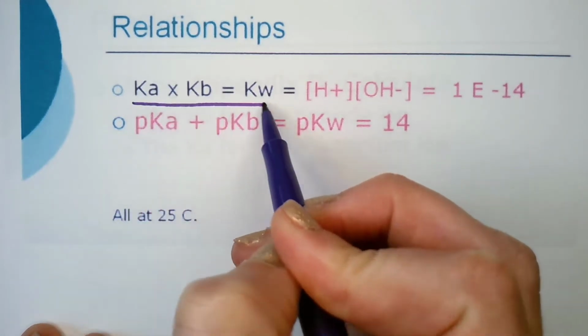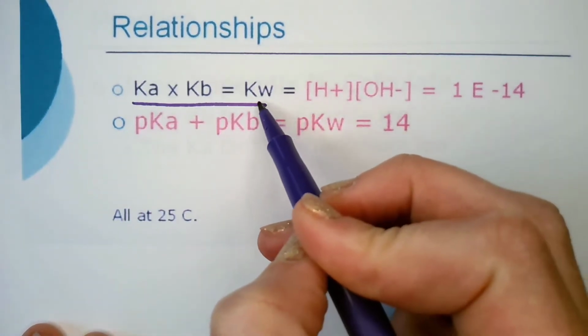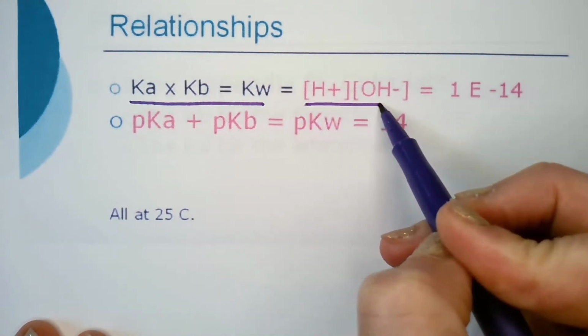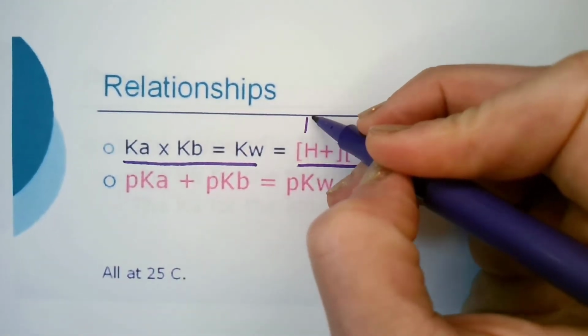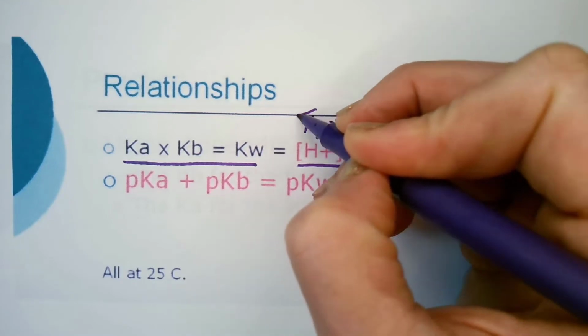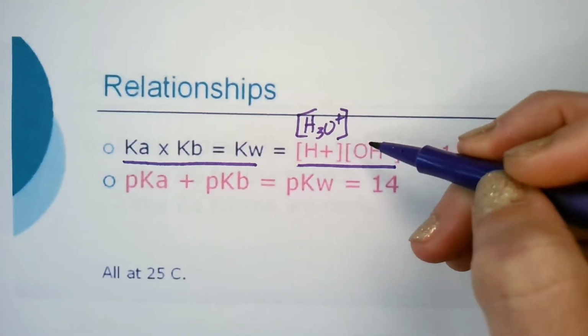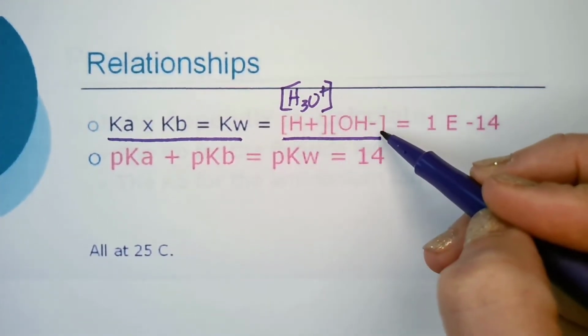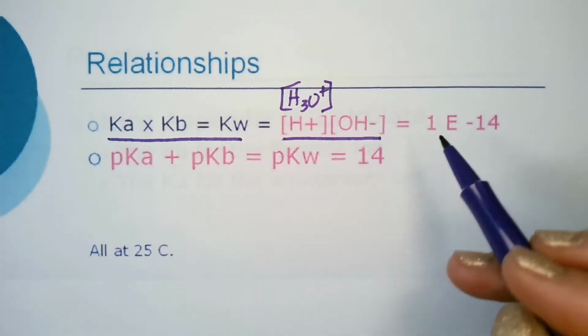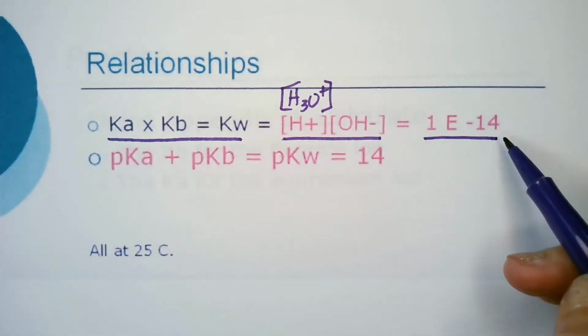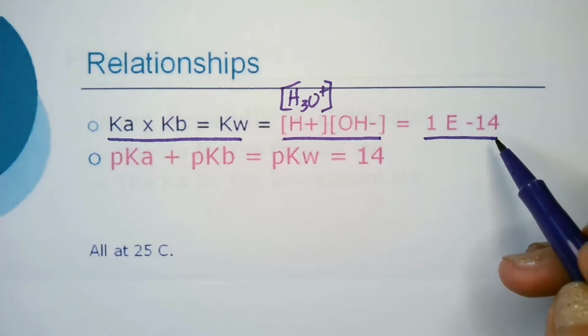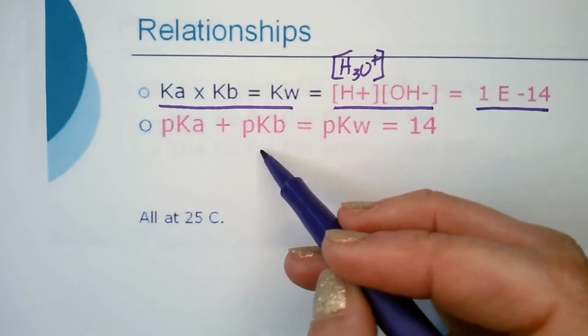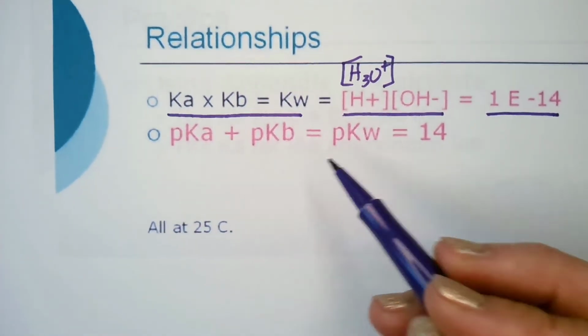So continuing on with relationships, we just showed that Ka times Kb is equal to Kw. And Kw is equal to our H plus, or we can also write this as H3O plus, remember, they're used interchangeably, times the hydroxide ion, which is all equal to 1 times 10 to the negative 14.